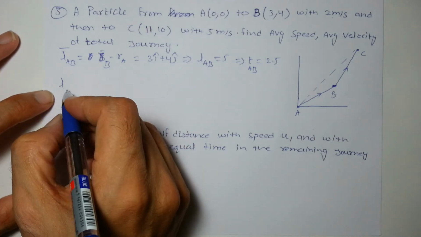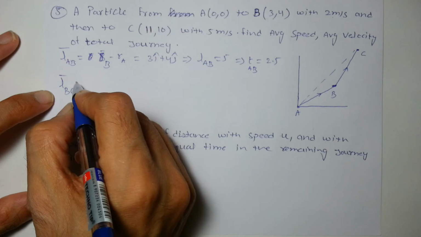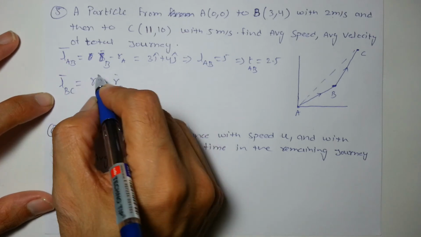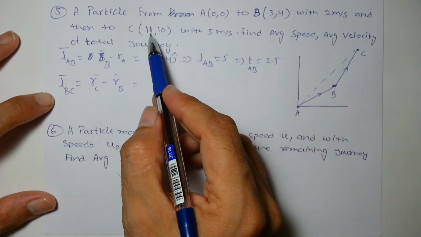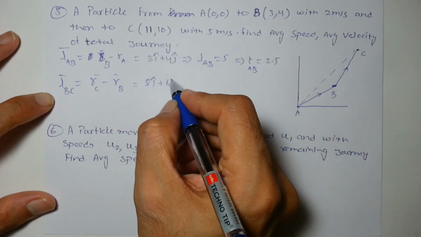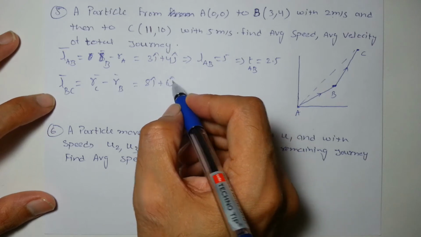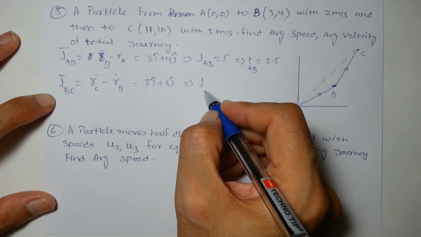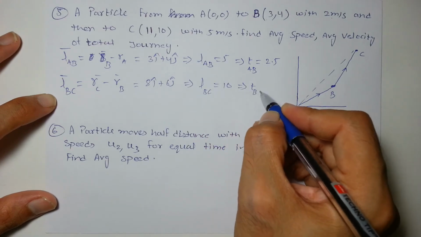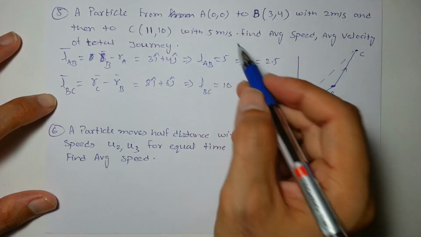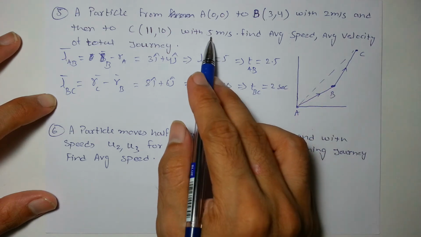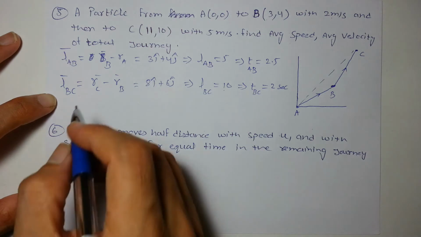Similarly, L vector BC is position of C minus position of B. That will give you this minus this, 8i plus 6j, and the magnitude is 10. BC is moving with 5 meters per second, so time is 2 seconds.